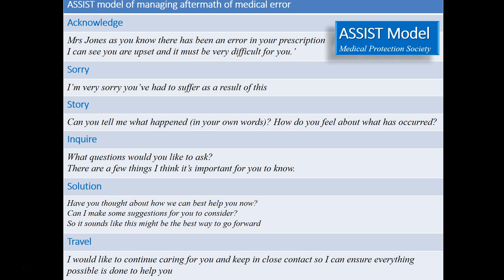You may then look for a solution, and this would be coming from the patient. You ask, have you thought about how we can best help you now? Or can I make some suggestions for you to consider? So when you've agreed what the patient wants to do, then you may finish by saying, well, it sounds like this might be the best way to go forward.